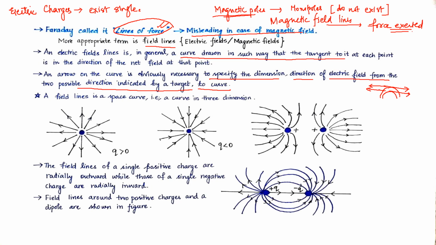How far these are and in which direction they are moving, all these things are specified when we draw a tangent on this curve. These arrows specify the direction on the curve. So basically we draw and define the electric field in this way, not like this.